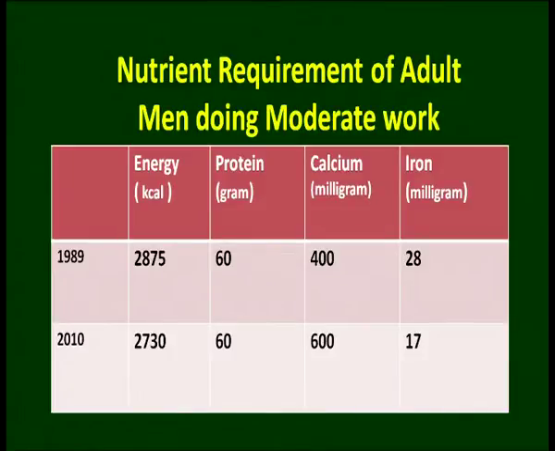Now, we will talk about the moderate workers. Who is the moderate worker? Those who use some amount of physical activity involving their hands or legs or muscles, whether in the work or during exercise. Those persons are categorized as moderate workers. The protein, calcium and iron requirements are not changed, but there is a little higher requirement for energy, that is 2730 calories per day.